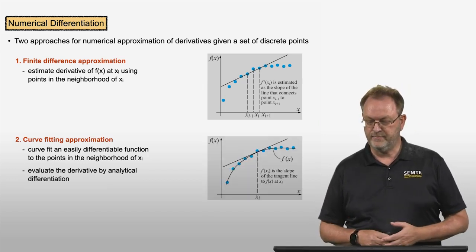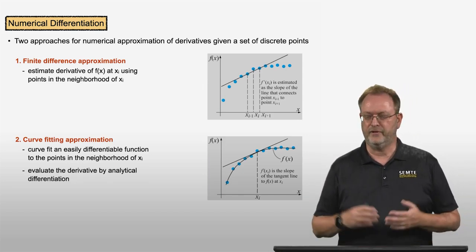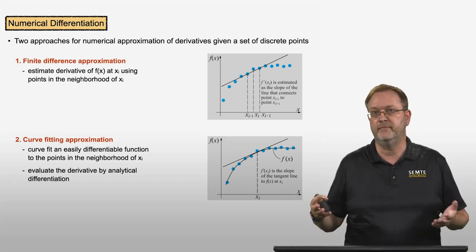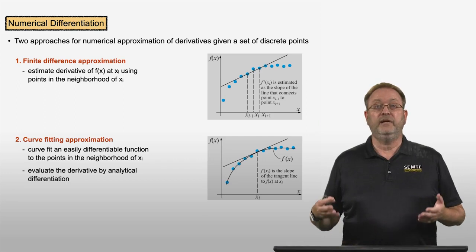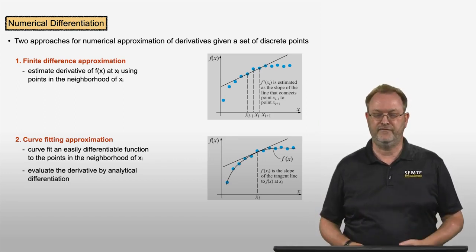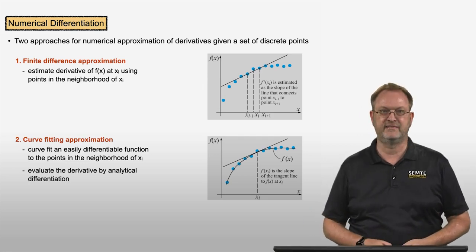So here's an example where we have discrete data points representing our function, and we first calculate a fit to those data points using the methods that we learned in a prior module. And then we do the analytical derivative of this fitted function to approximate the derivative at the grid point xi.